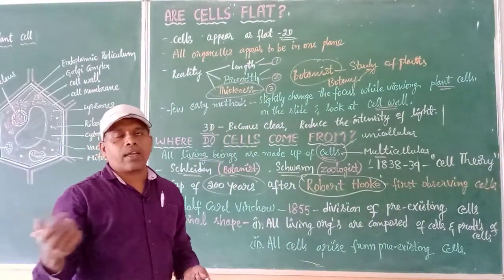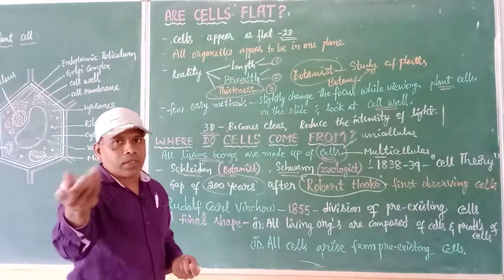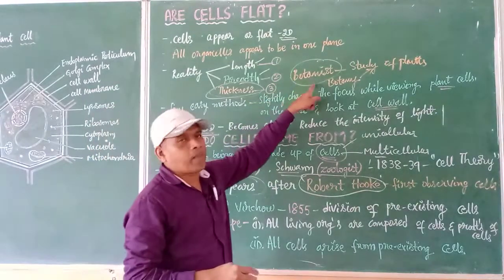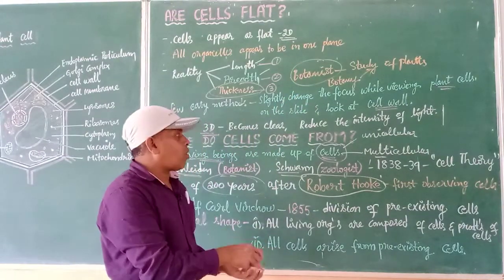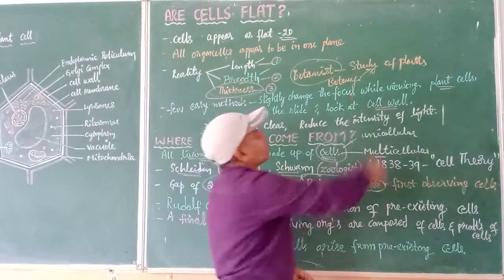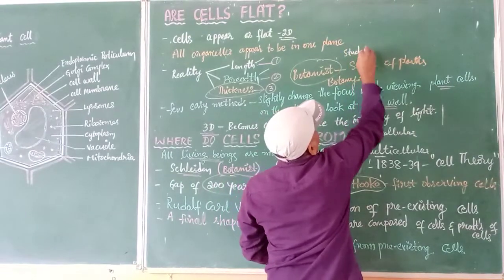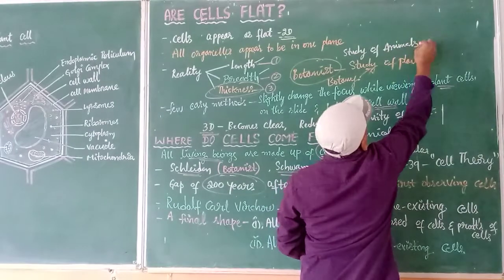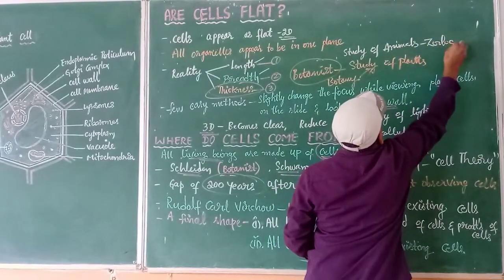In your higher classes after 10th, if you opt for the BPC group, biology is divided into two subjects. One is the study of plants, that is botany, and the other is the study of animals, which is called zoology.